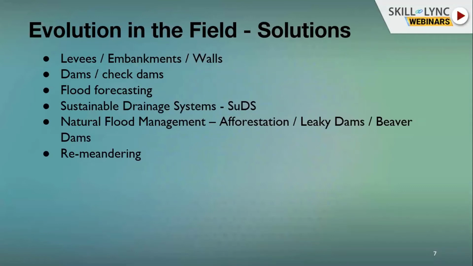Then solutions are nothing but mitigation measures. In your city, or if you look around, you would see that several levees or embankments are built. Then flood forecasting, everybody knows what it is. Then a few check dams are built for lift irrigation projects. So what will be the impact of it? Then SuDS is nothing but sustainable drainage systems. Then what are the natural flood management options?